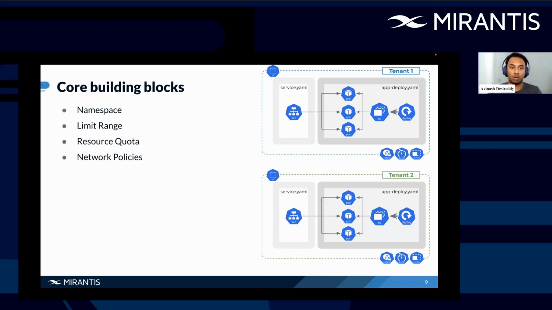There should be boundaries on how many resources they can use. That can be achieved with the help of resource quotas and limit ranges. So there are different building blocks: namespaces, role-based access controls, limit ranges and quotas, and network policies. All these blocks will help us achieve multi-tenancy in a Kubernetes cluster.